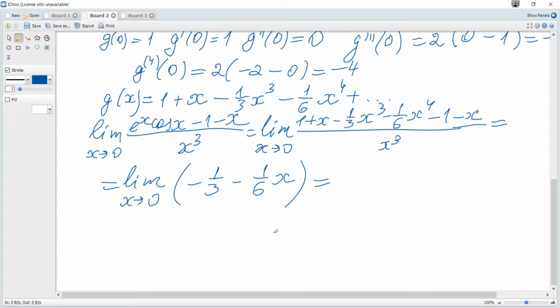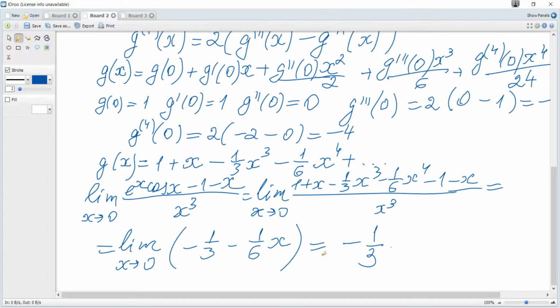And just substitute 0 for x, we get that it's minus 1 over 3, and all other terms in this series will be equal to 0. Hence, the limit is just negative 1/3. And that's all for this question.